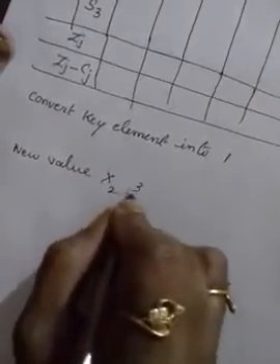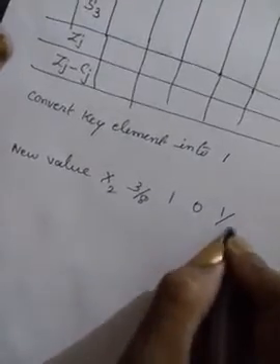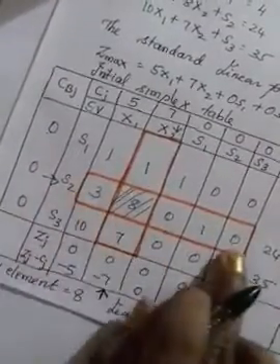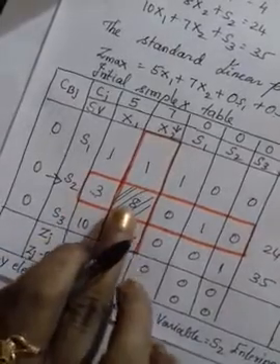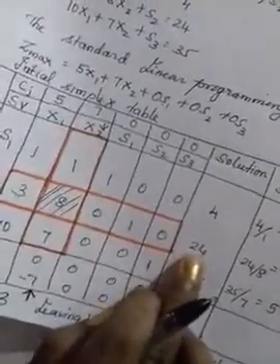So what will we get? 3 by 8, 1, 0, 1 by 8, 0, and 3. Is it clear? So we are dividing this entire equation by 8: 3 by 8, 1, 0, 1 by 8, 0, and similarly you have to divide for this solution also, 24 by 8.